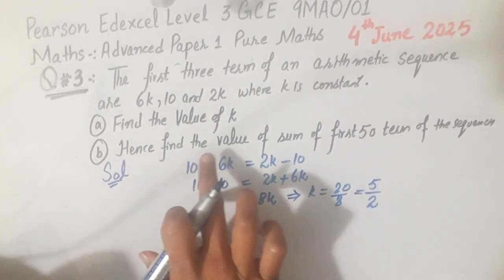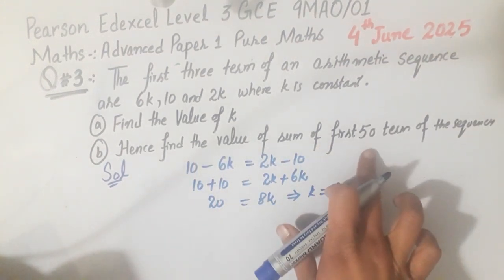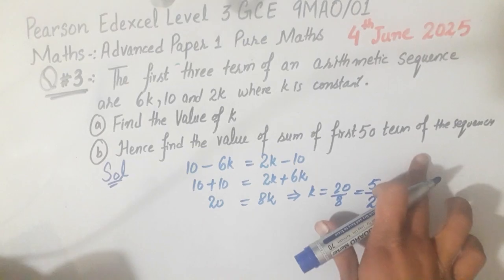Now, find the sum of the first 50 terms of the sequence.